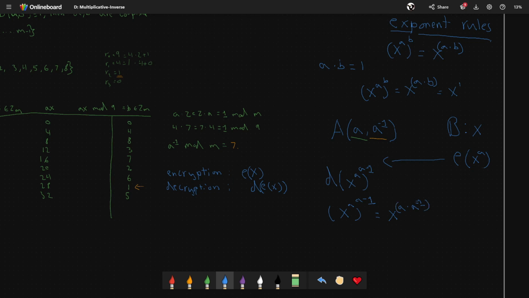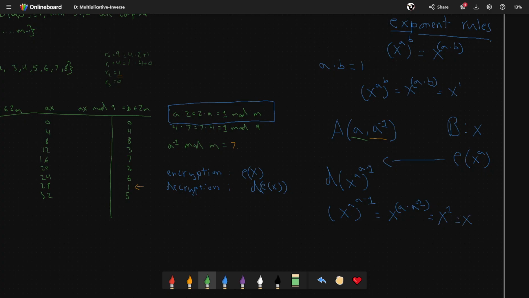But when a and its multiplicative inverse are multiplied together, that's what we found out over here, they will produce 1. So Alice will have x to the power of 1, which is simply equal to x.